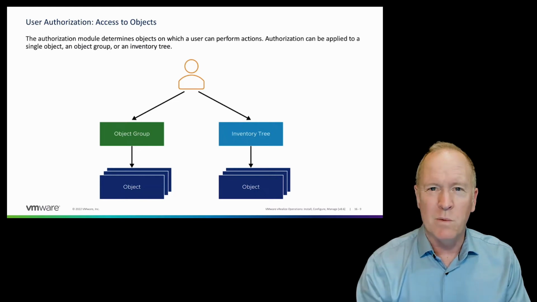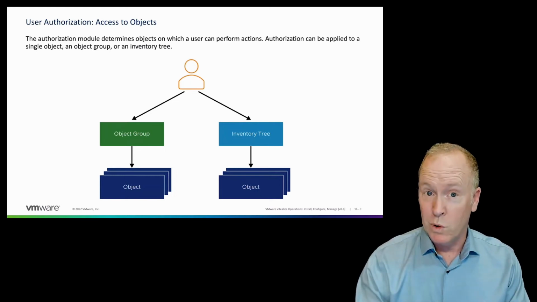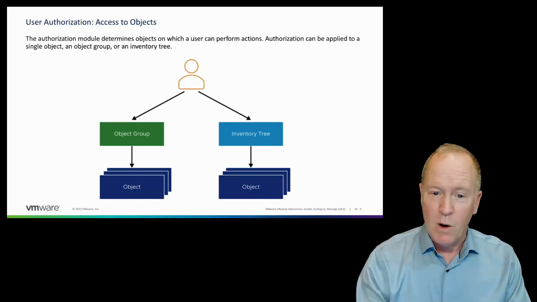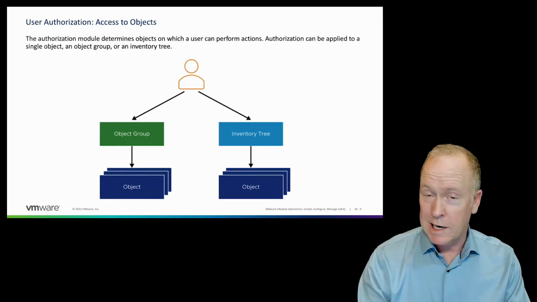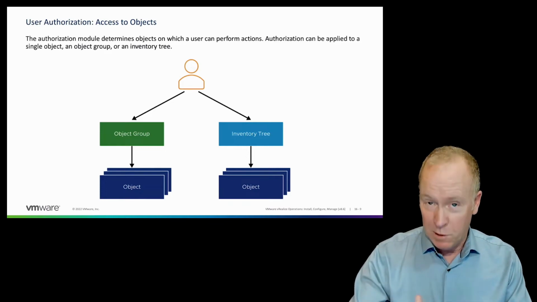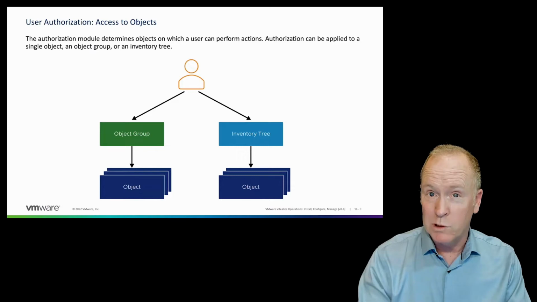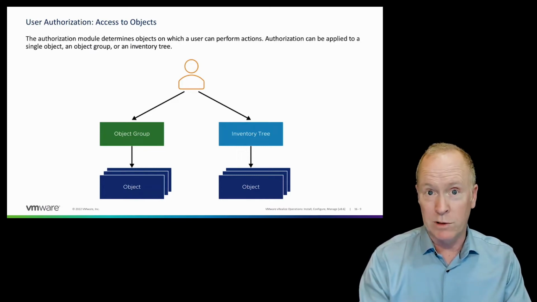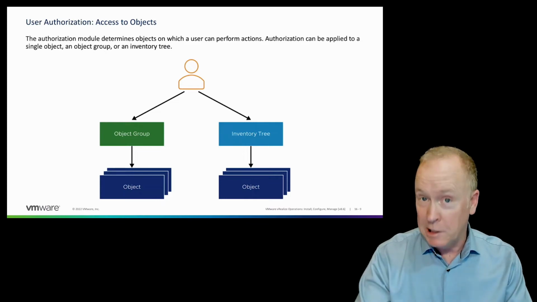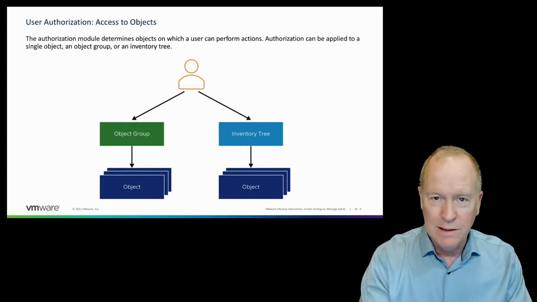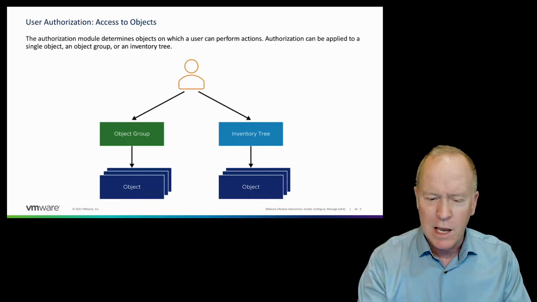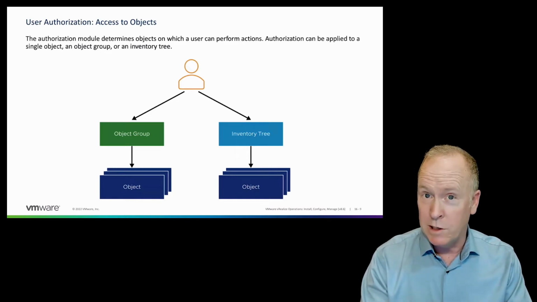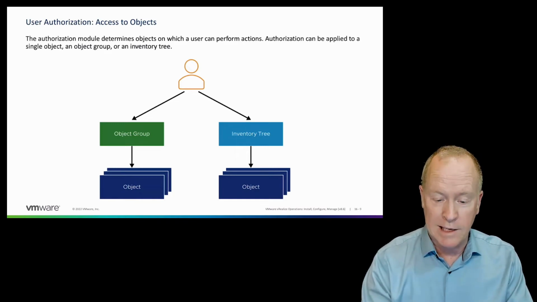Later on in this lesson, when we discuss assigning roles to users, we're also going to discuss the fact that when specifying those roles, you're also going to have to specify what objects you want the user to have access to. And as you're going to discover, and as we are hinting at here in this particular slide, you will have the ability to grant users access to an individual object if you want.